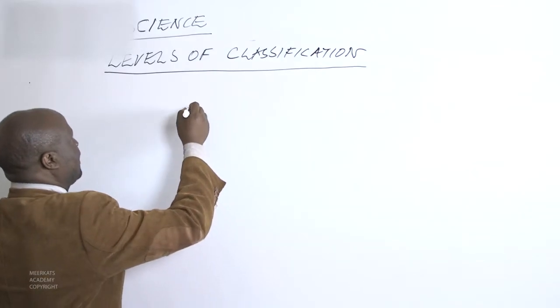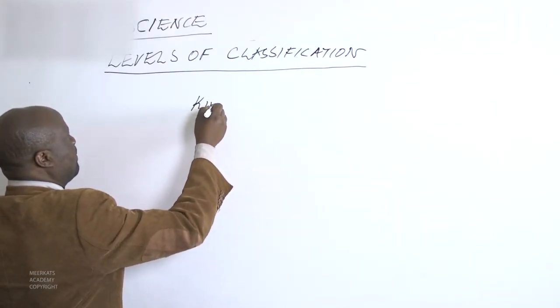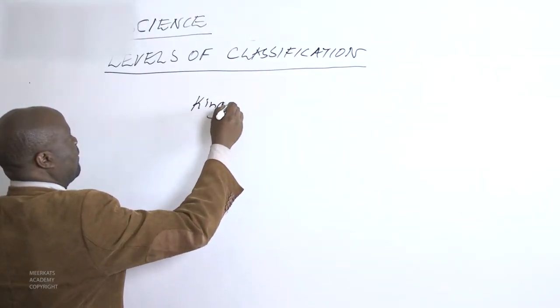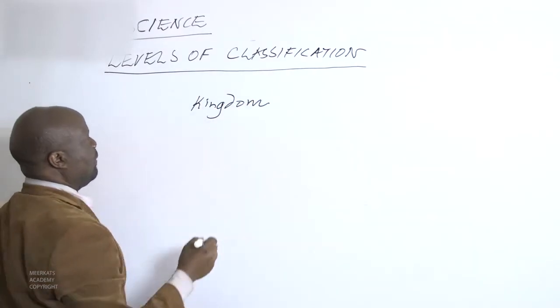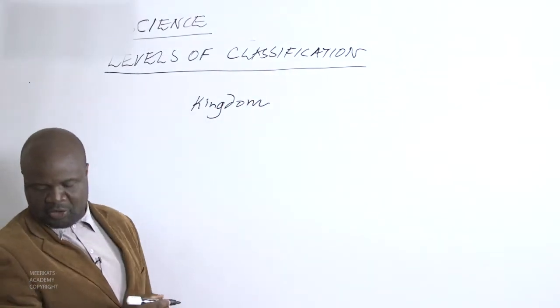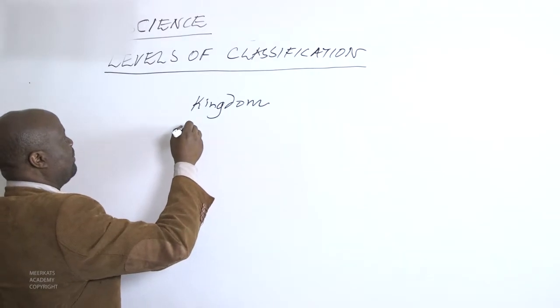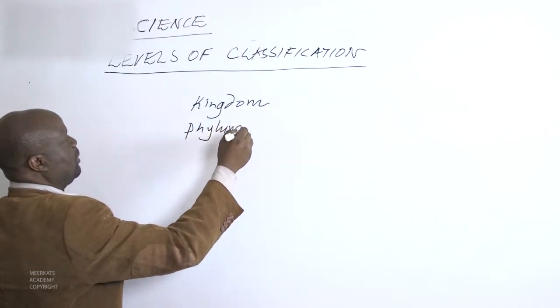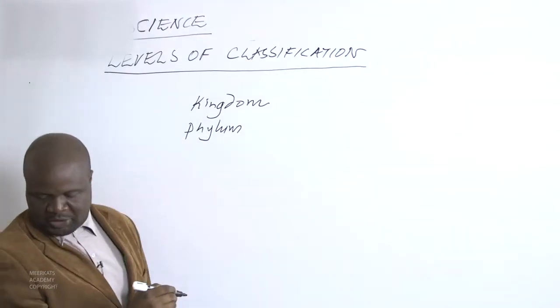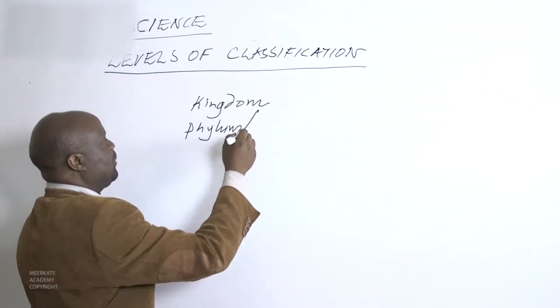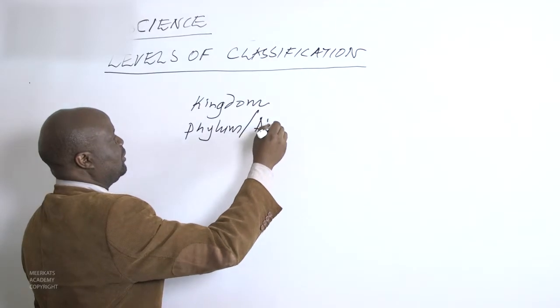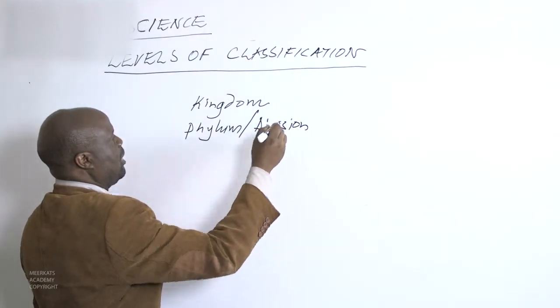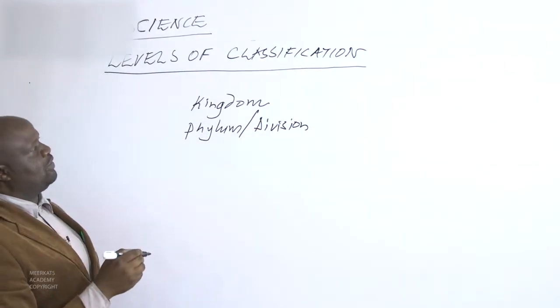We can have our kingdom here. Then we had said below the kingdom, we have the phylum. And we said phylum, in the case of plants, we say it's division. Among the plant kingdom it is division.